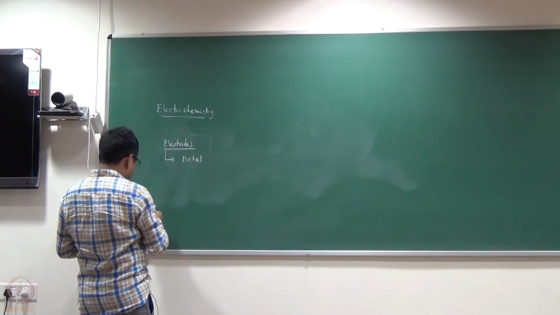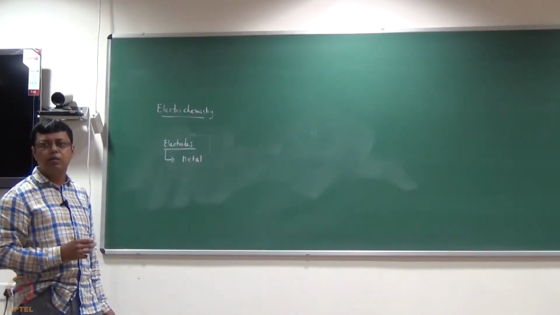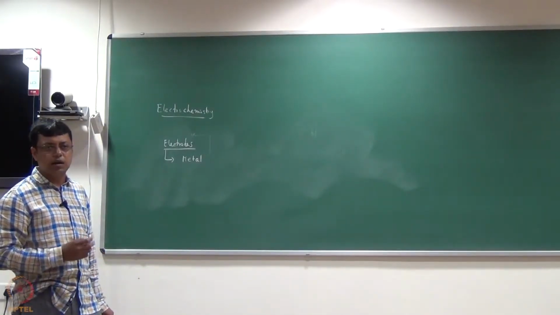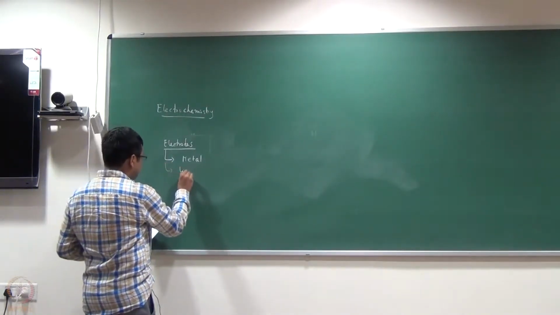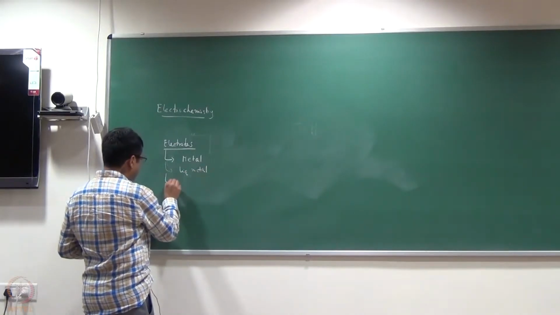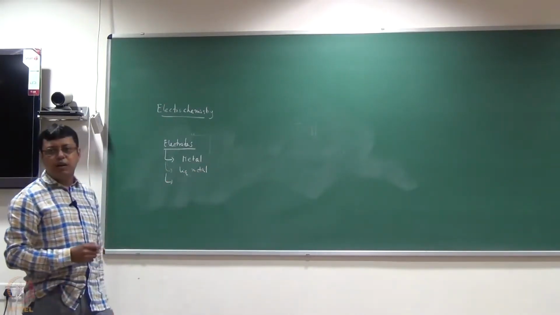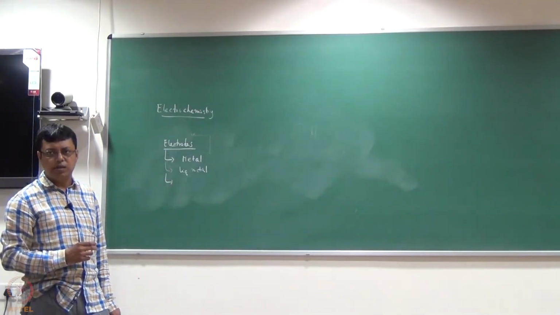They can also be liquid metal, for example an amalgam, let's say mercury. Not only metal, you can also have semiconductors, like ITO, indium tin oxide, right?